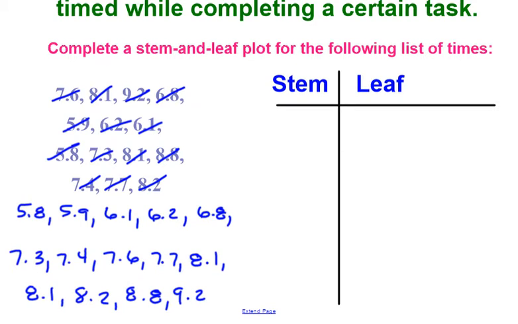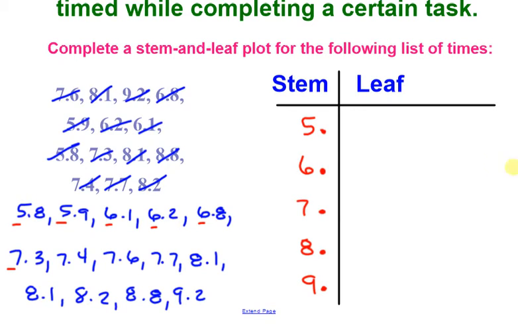All right, so with decimals, the stem and leaf is going to work the same way. We just need to make sure that we include the decimal point somewhere in there. And so it looks like since I only have 2 digits, I'm going to go ahead and just put the first digit on the left-hand side of the stem. So I'm going to start at 5, 6, 7, 8, 9.